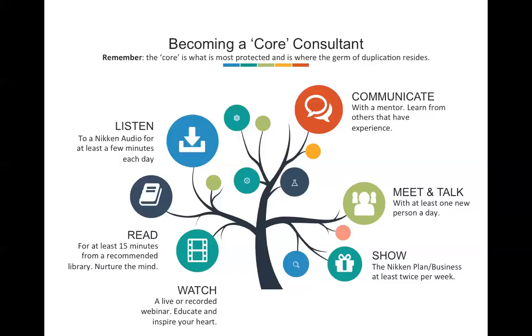We protect and nurture our heart and our mind. We get that germ, that seed that we can plant in other people's hearts and really start to prosper and get that duplication happening. Of course, the duplication happens not just with activity, but also with the excitement and the confidence and the passion that can be developed by inspiring our minds and hearts through this personal development element of the business.